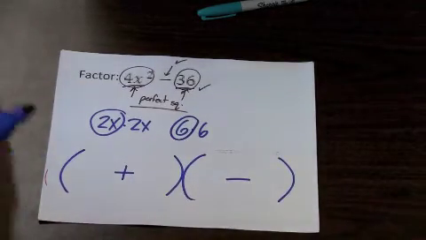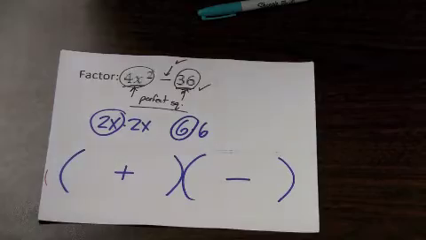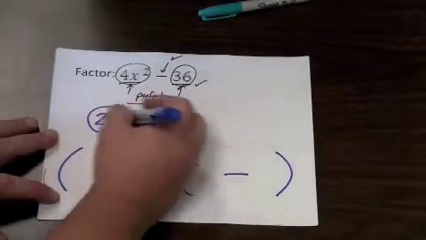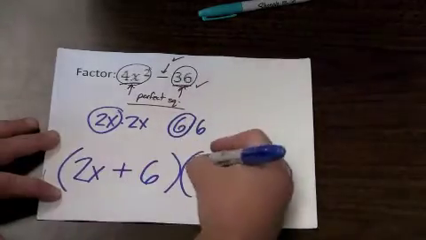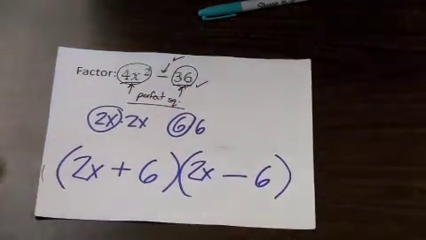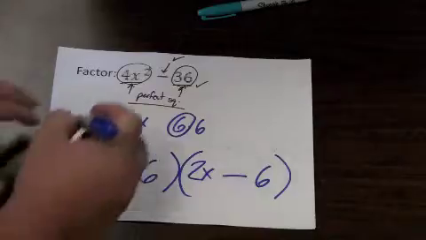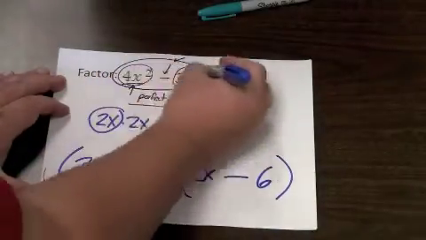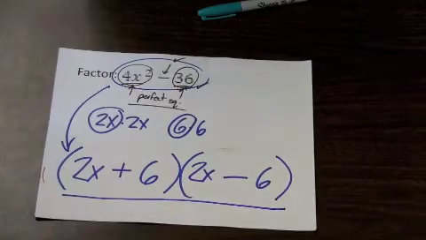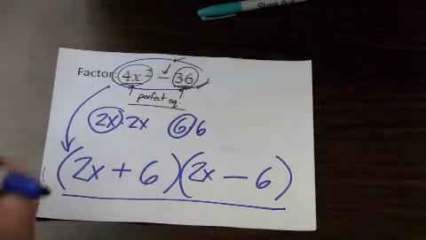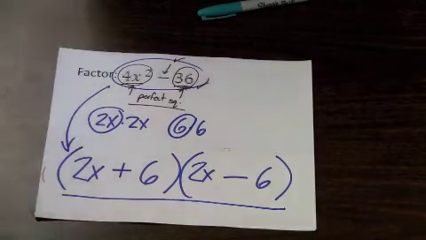Skeleton means that it is the structure, but then you've got to fill in the missing parts with the square roots. 2x plus 6, 2x minus 6. Perfect. We went from the difference of squares to a product of two binomials, which is my answer. Check it, multiply it out. It's going to end up with 4x squared minus 36.